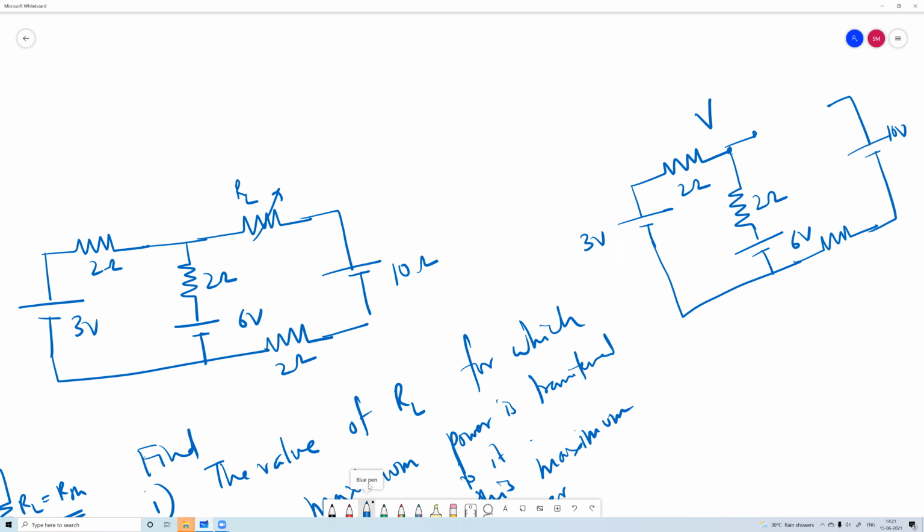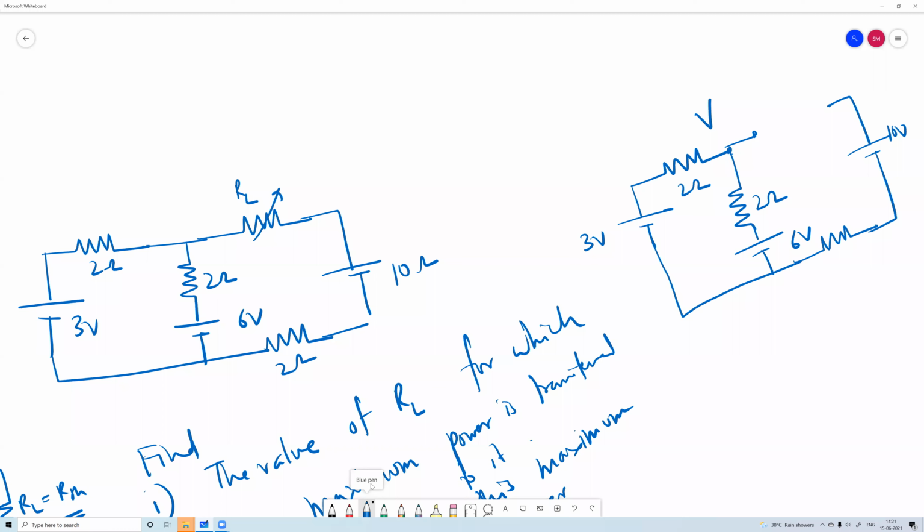Tell me. Sir, here it is a super node. You have only one node, I think. So what we will do? If you want to use node analysis, let us say current going away is positive.